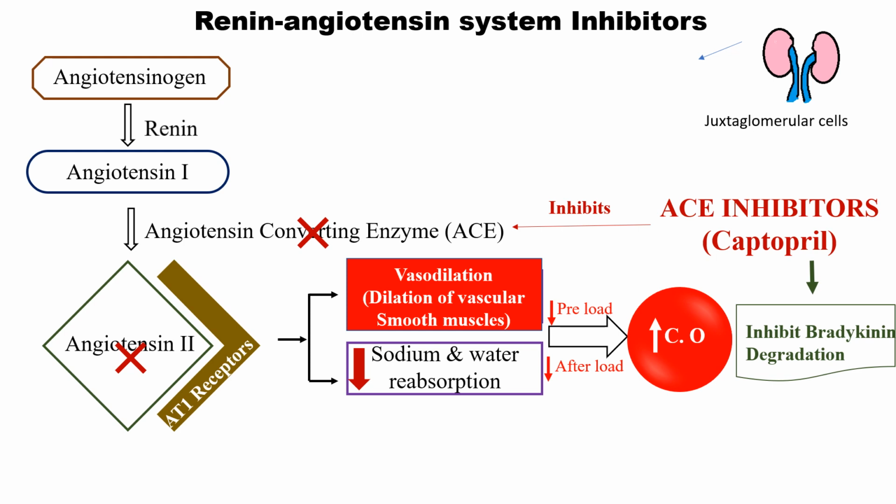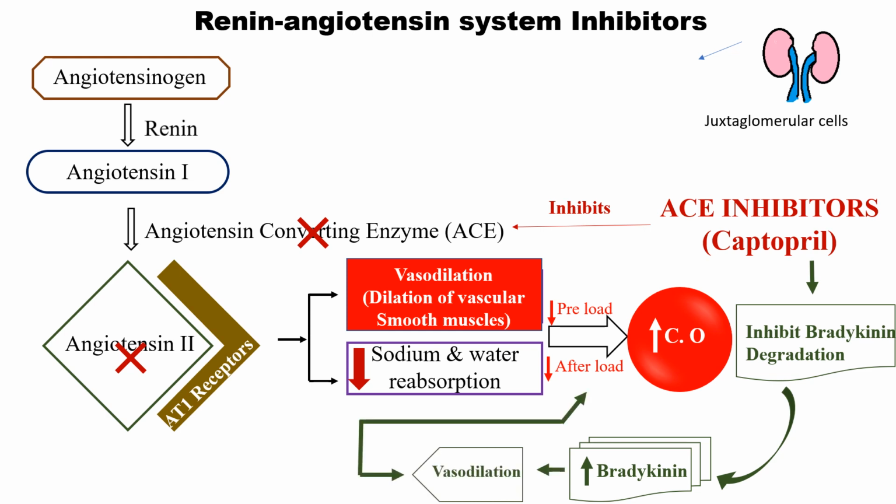ACE inhibitors inhibit the degradation of bradykinin, which increases the level of bradykinin in the blood, which causes vasodilation and decreases preload and afterload. Finally, it increases cardiac output.